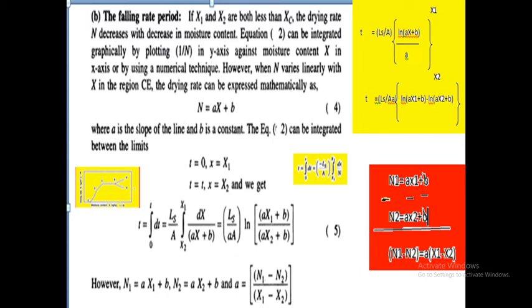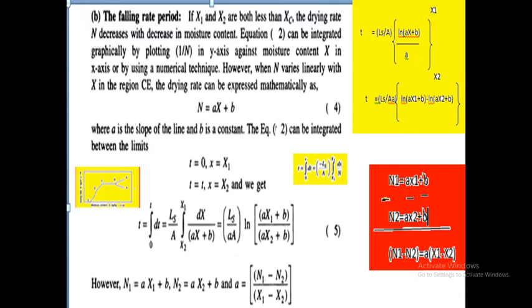So here finally we get t, the integration of 0 to t of dt, is equal to Ls by A. Here the minus sign is there, so change the limits of the integration and the negative sign is converted into a positive sign.